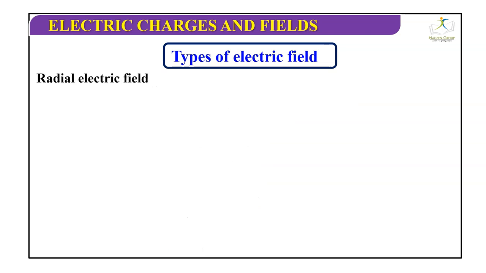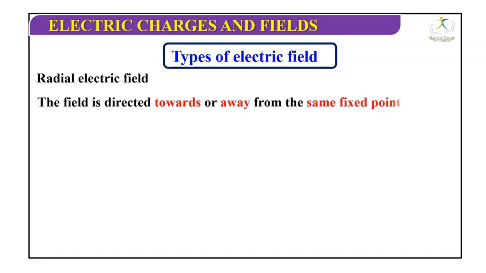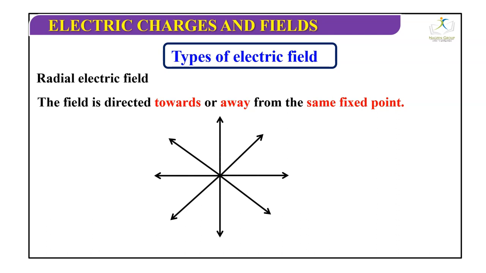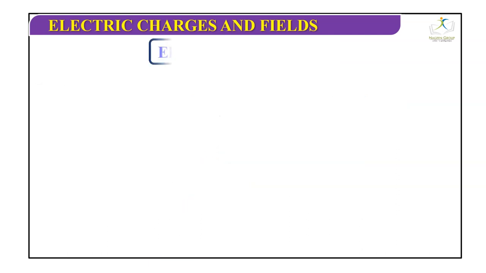Next we have the radial electric field, where the field is directed towards or away from the same point. Like if we take a point charge, for a positive unit point charge the field will be radially outward like this, or radially inward. So this will be called a radial electric field.